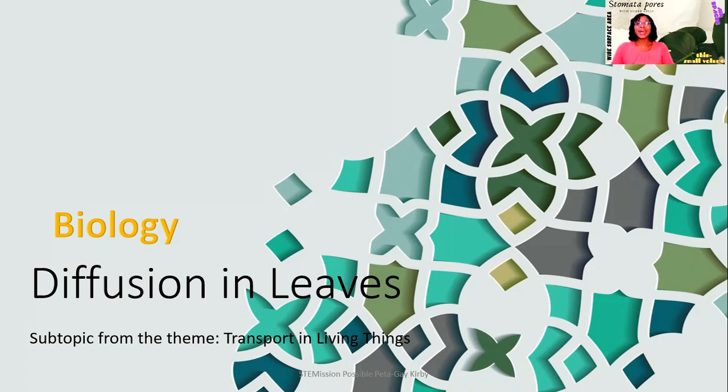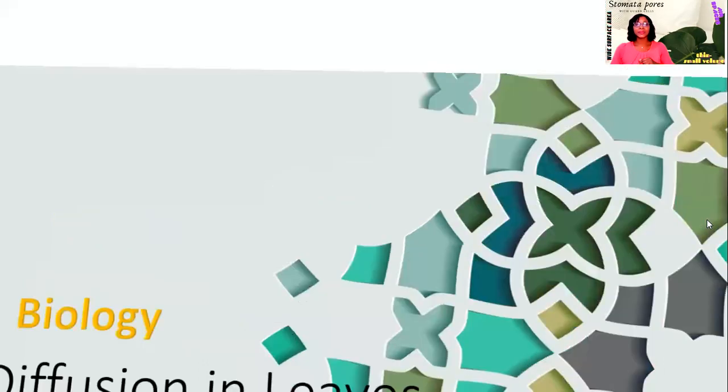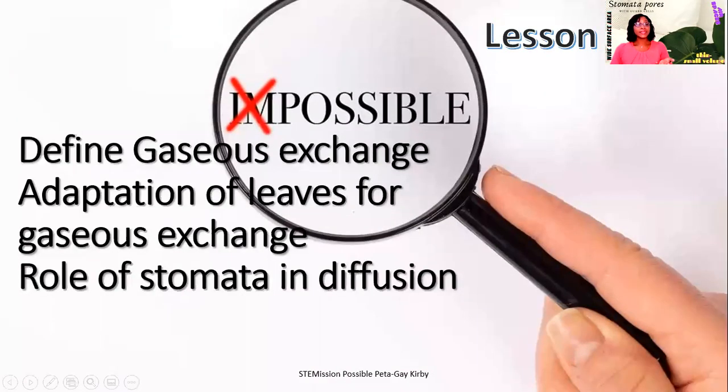Today, we're looking at plants. What is happening with regards to diffusion in the leaves? Our lesson focus will be to define what gaseous exchange is, because we're looking at how the gases enter and leave the leaves.